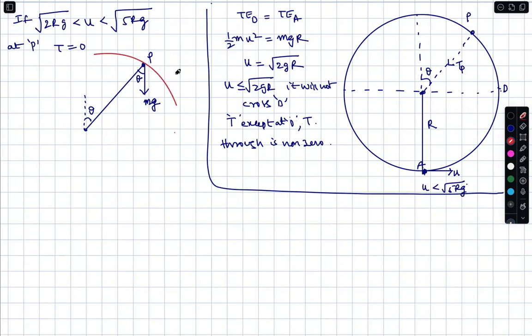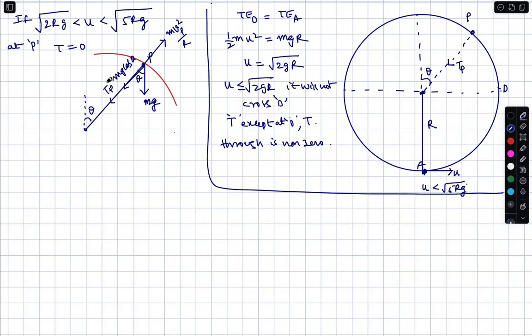Now, please try to understand what is happening over here. At this point, you will experience a pseudo force mVp square by R, and the mg component mg cos theta, and the tension component.